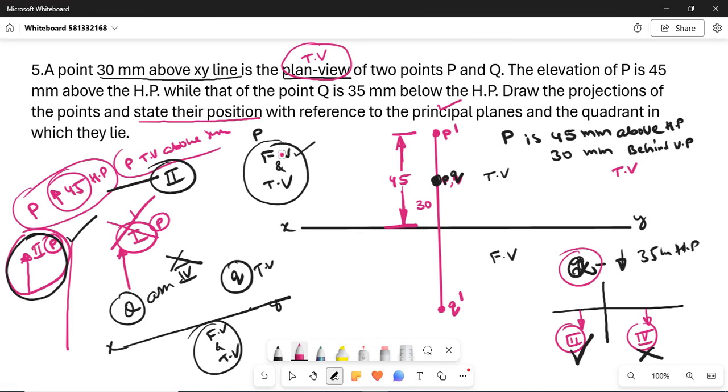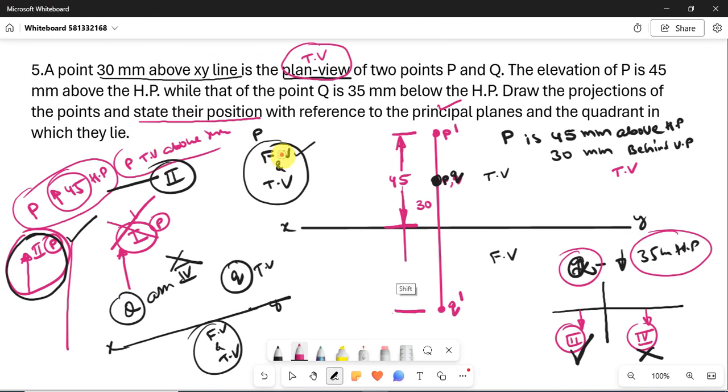And the distance of this Q dash from the XY line, the HP distance, will be 35. So mark it with the 35 distance. This is what we call a dimension. We show the dimension by filling the arrow marks, leaving a gap in the middle and writing the value 35.